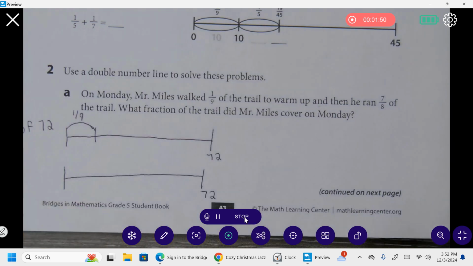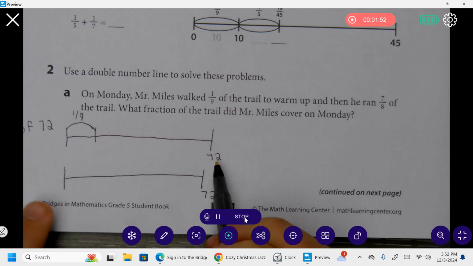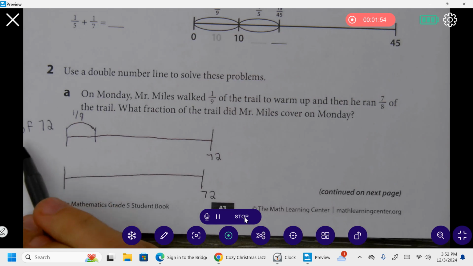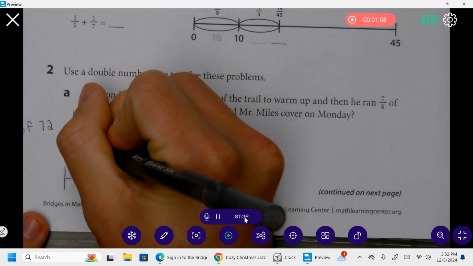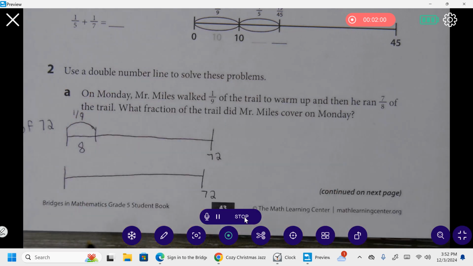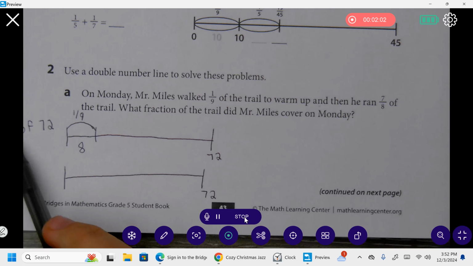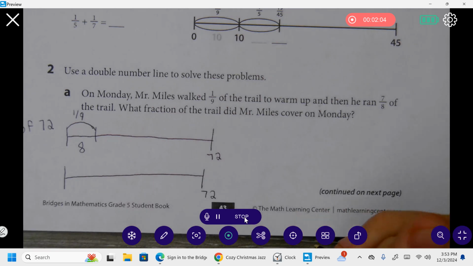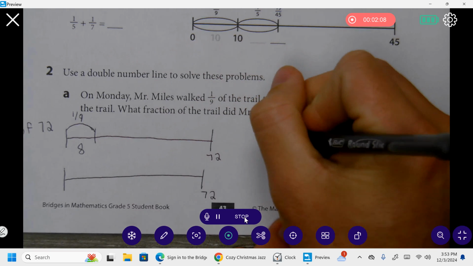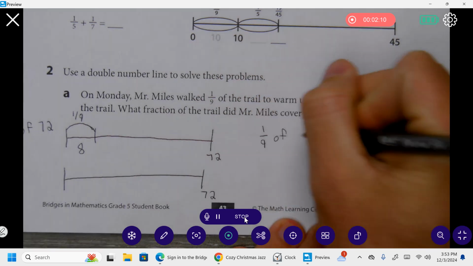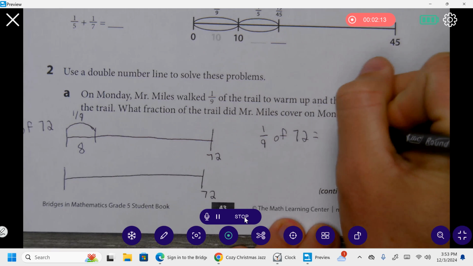We take the 72 things and we divide it by 9, that is going to be 8. Okay, 72 divided by 9 is 8. And we're taking one group of 8. So we'll write it over here: 1/9 of 72, which equals 8.